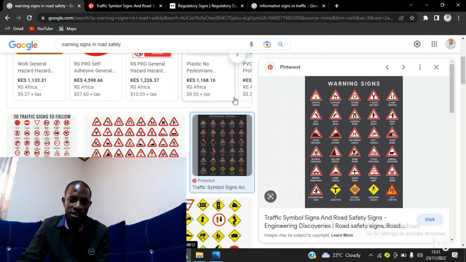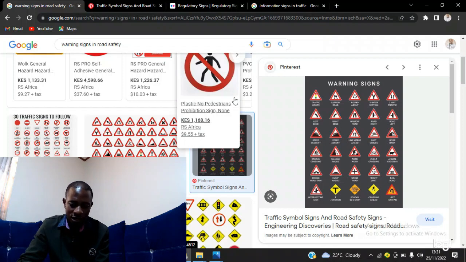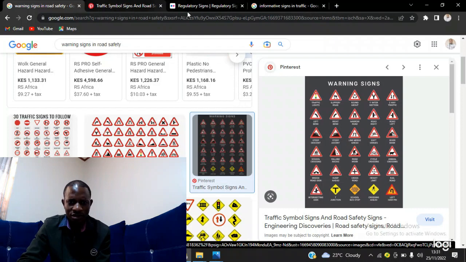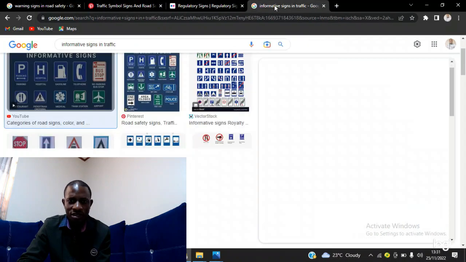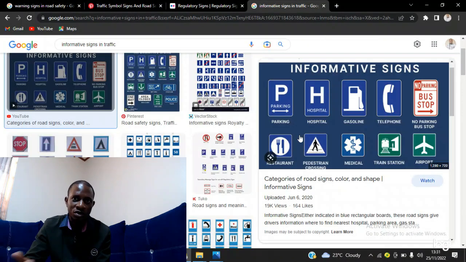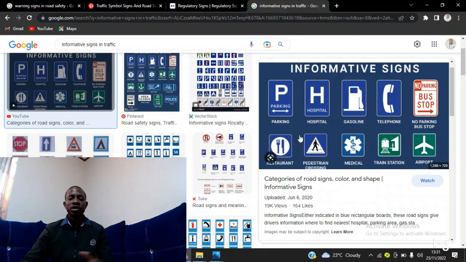Okay, and then the third category is the informatory signs. Informatory signs are signs that give you information. They give you more information about the area you are in. For example, this is a parking area, this is a hospital, this is a petrol station, restaurant, pedestrian.